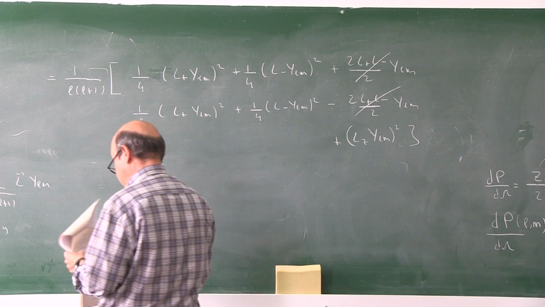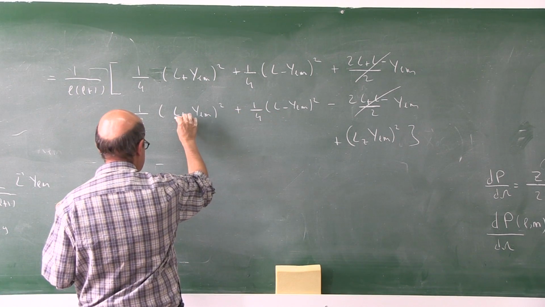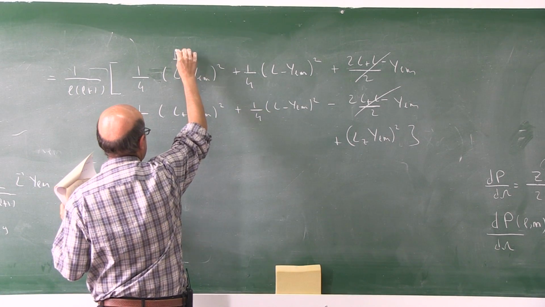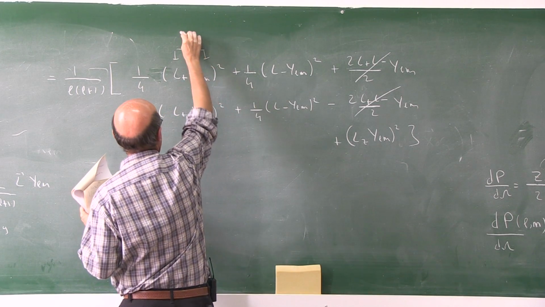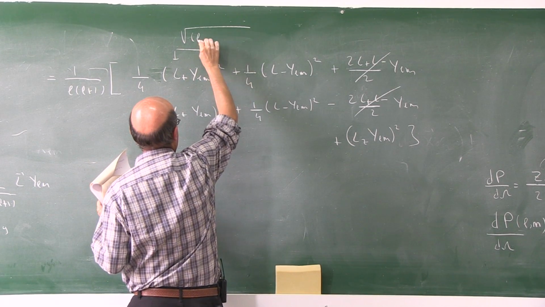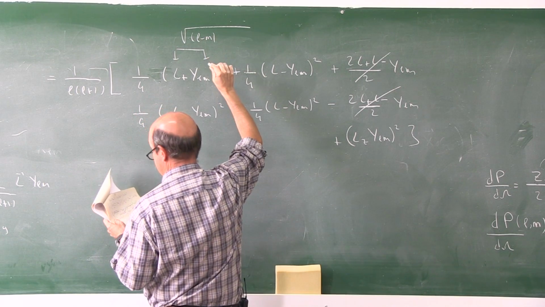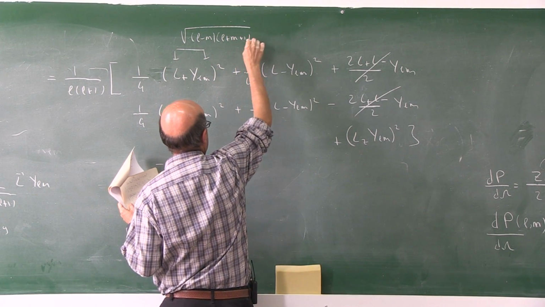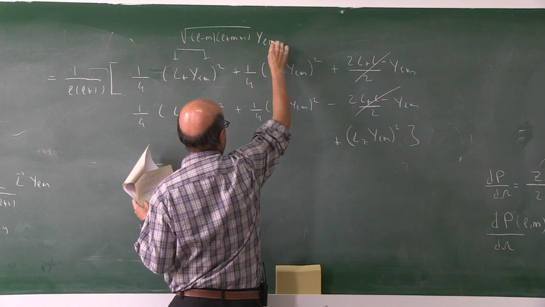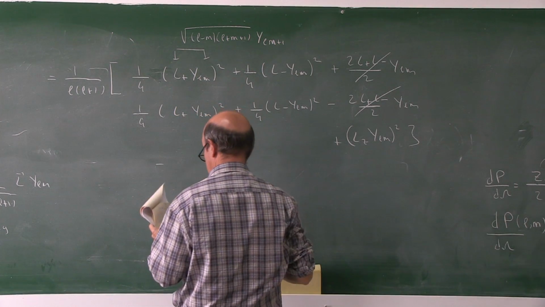The L plus operator acting on YLM is equal to the square root of (L minus M)(L plus M plus 1) times YL,M plus 1.